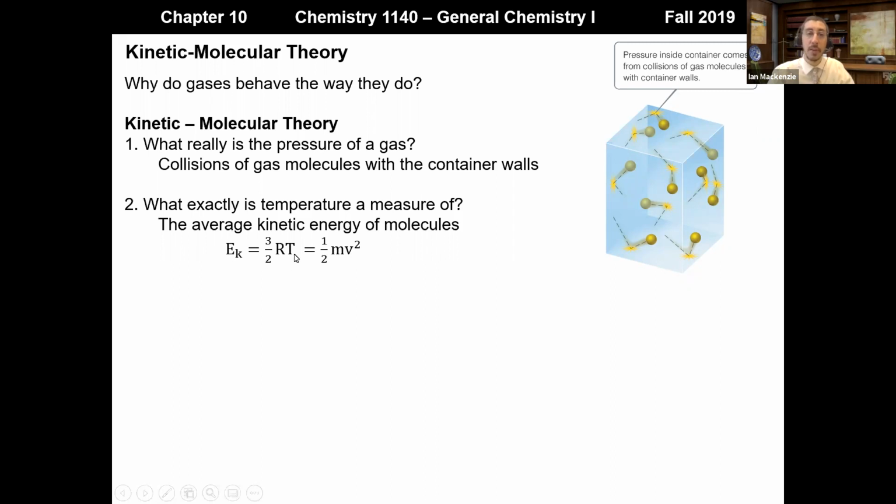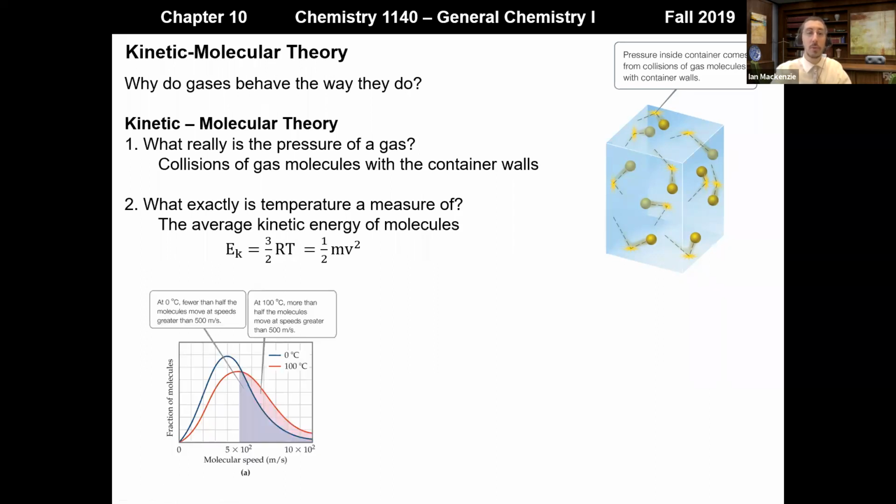Now, since both of these equations are equal to kinetic energy, we can set them equal to each other, and this allows us then to relate the temperature of the system to the average speed of gas molecules, factoring in the mass of the gas molecules. What we will see here essentially is that there is a direct relationship between temperature and speed.